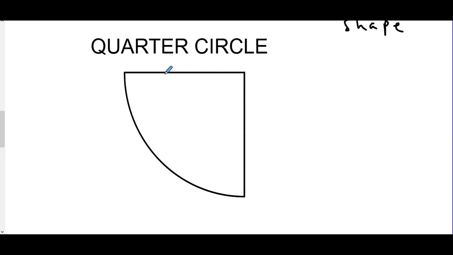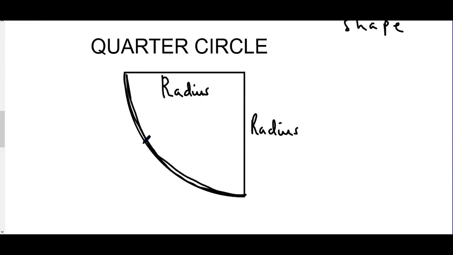I think for those who paused, you said that part is your radius. So this is radius, this is radius, and this is also radius. Now, how about this part here, which is curved? This part, which is curved, is known as the curved part or circular part.